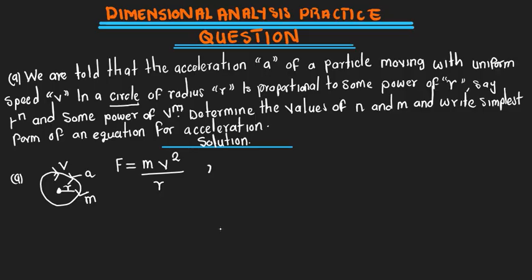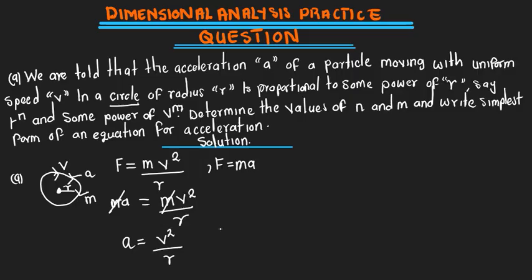But we know that the force is defined by ma. So where there is force, I can put ma. So ma is going to equal mv to the power 2 over r. I can cancel the mass m there, and I'm going to remain with a, which is the acceleration, equal to v squared over r.